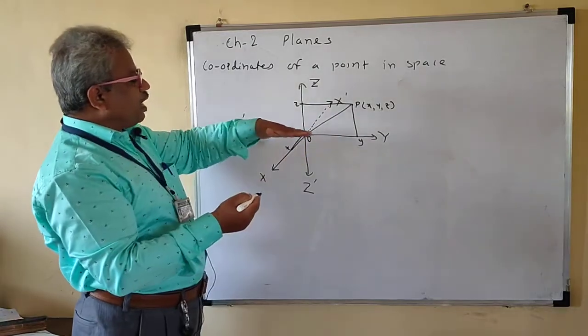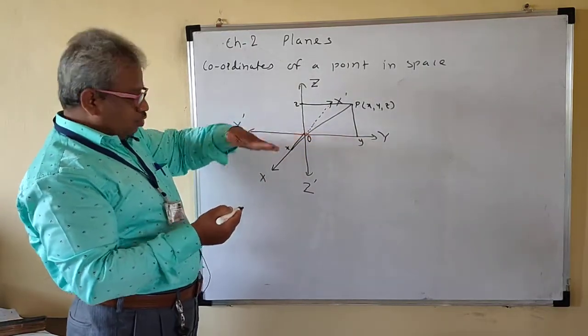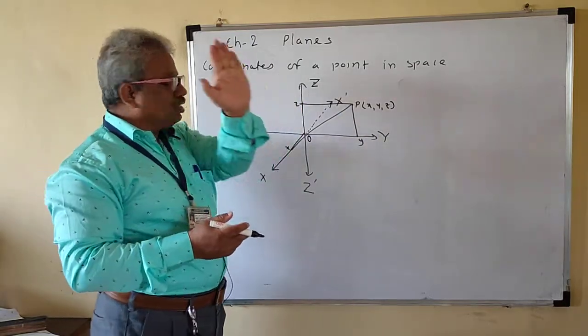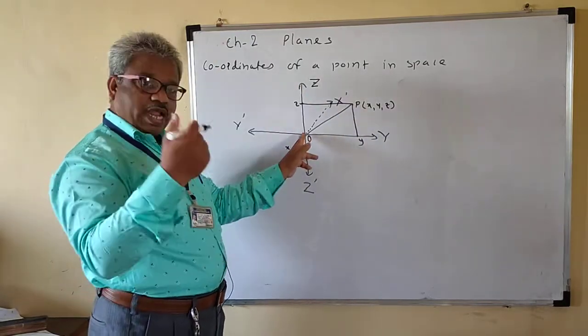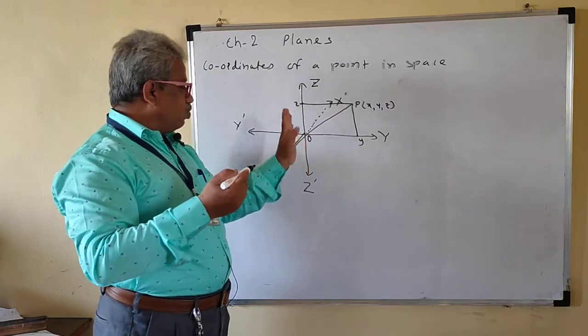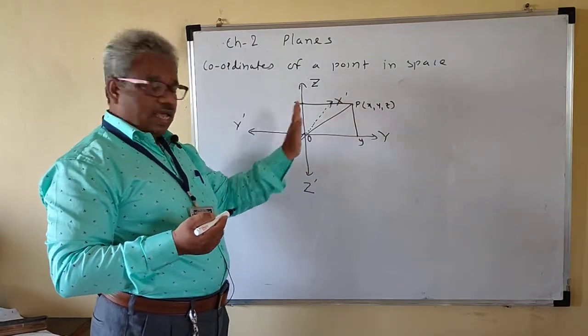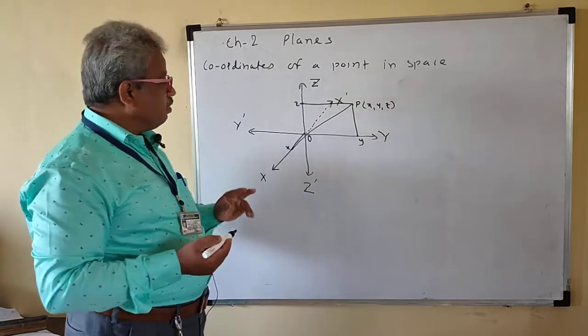This plane passes through the x-axis and y-axis, so it is the XY plane. The plane passing through the x-axis and z-axis is the XZ plane.